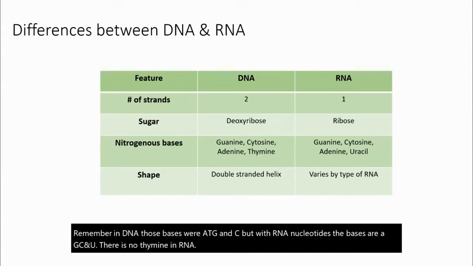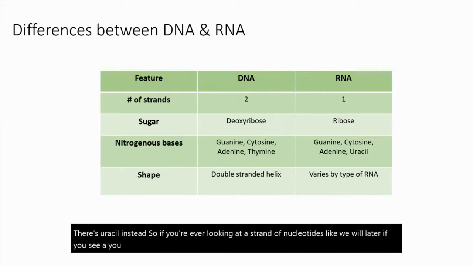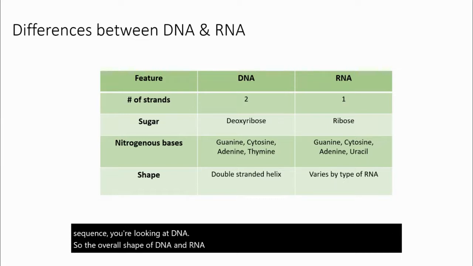There's uracil instead. So if you're ever looking at a strand of nucleotides, like we will later, if you see a U in the sequence, that means we're looking at RNA. If you see a T in the sequence, you know you're looking at DNA. So the overall shape of DNA and RNA is also different.